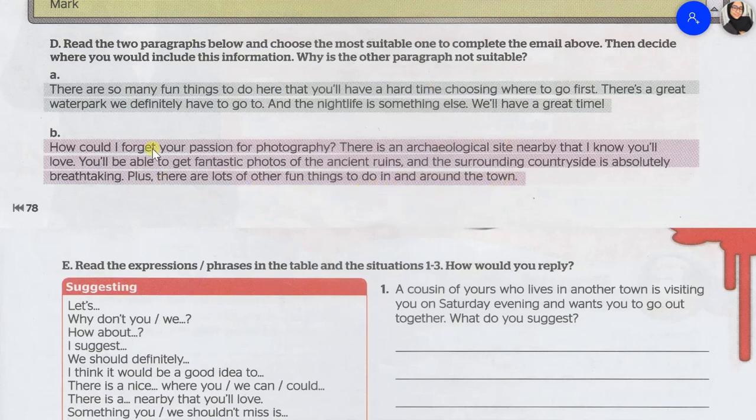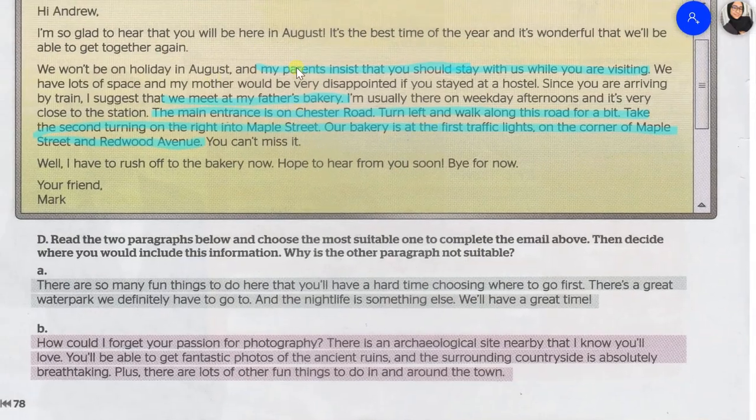So, which one do you think? Is it paragraph A or B? That could be the most suitable one to complete the email above. So, the most suitable paragraph to complete Mark's email is B. Yes, why B?